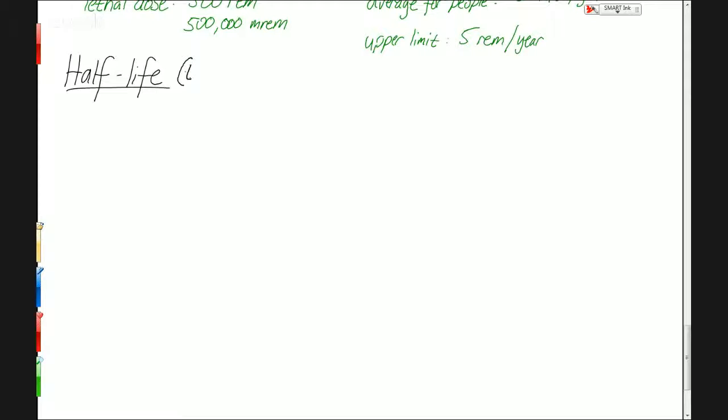It's sometimes written as T with a little 1/2 below it. The half-life is the time it takes for half of a substance to decay, to break down.